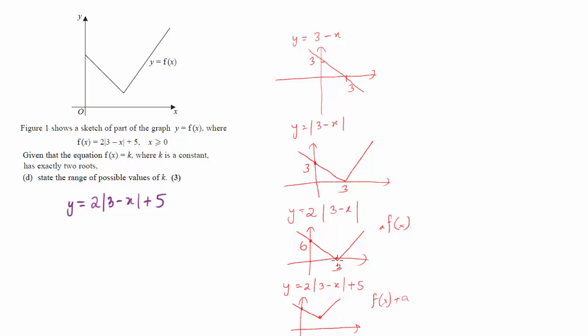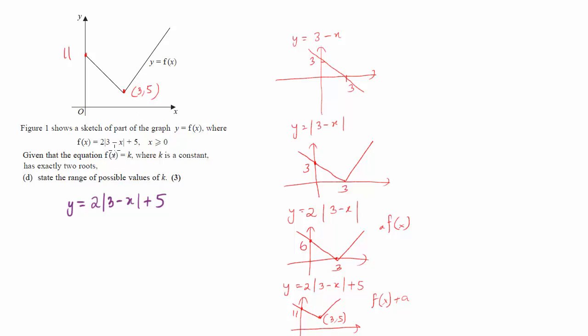So the y coordinate was 0 at (3, 0). If you add 5, it would be (3, 5). This was 6. If you add 5, it would be 11. So this is going to be the picture. So this particular point is (3, 5), and this particular point is 11. So now we have an idea what the picture looks like.